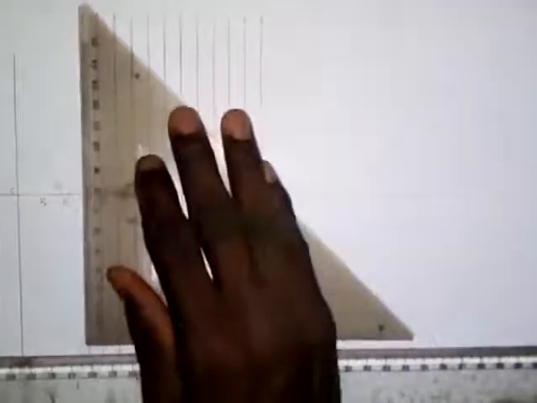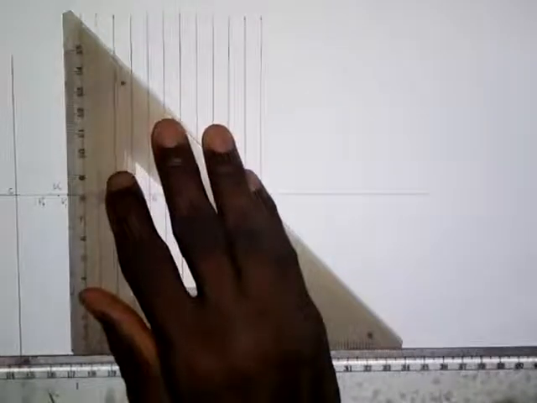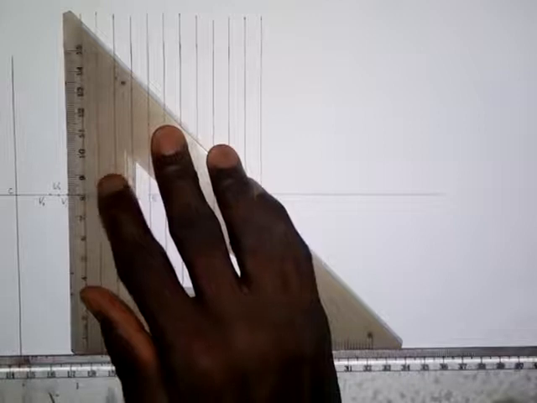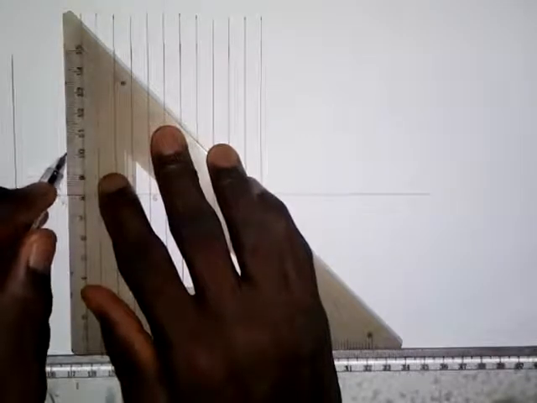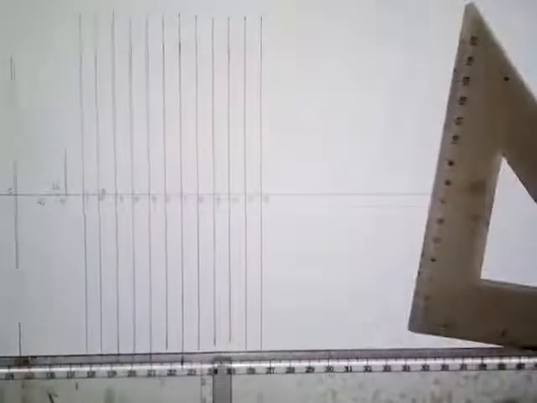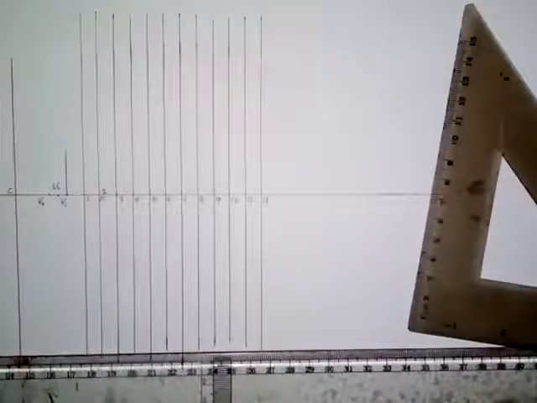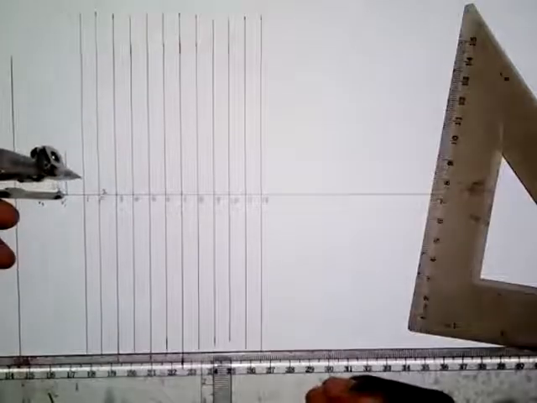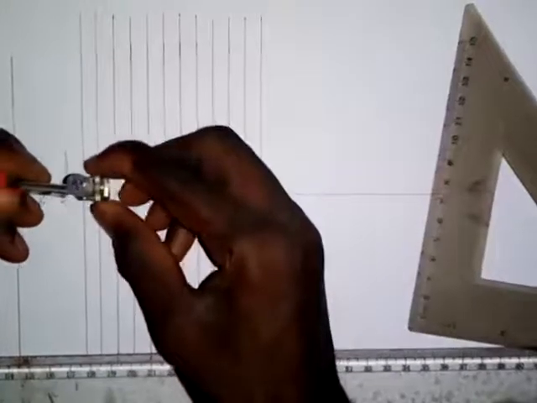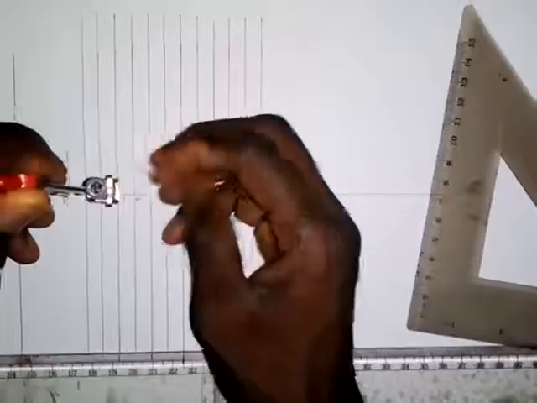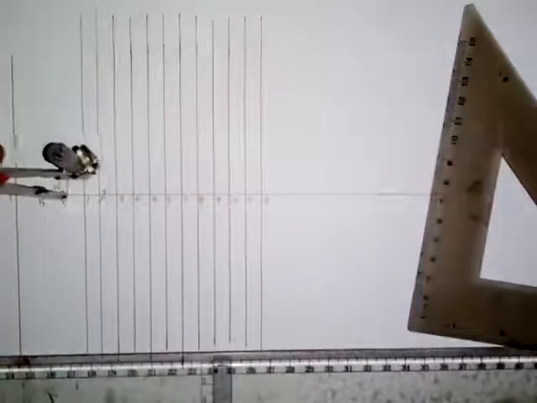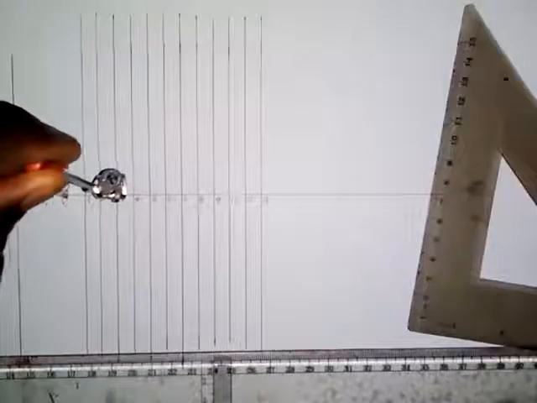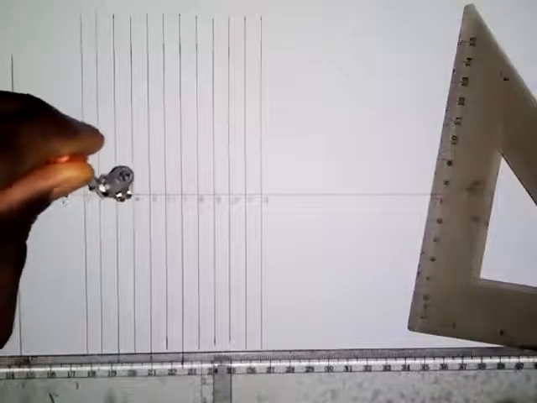What you need to do is draw a short vertical line at this point V1. Then you take your compass, put it at point V1 and extend it to F, that is the focus here, and draw an arc like this.